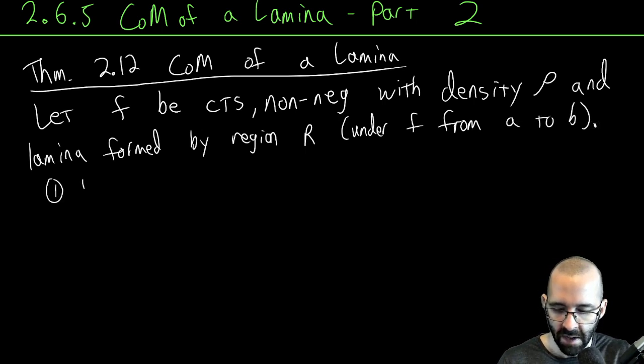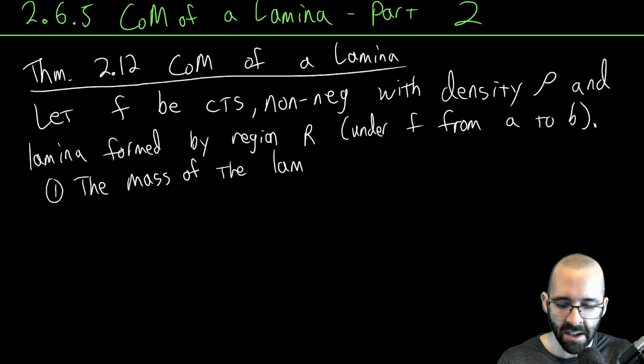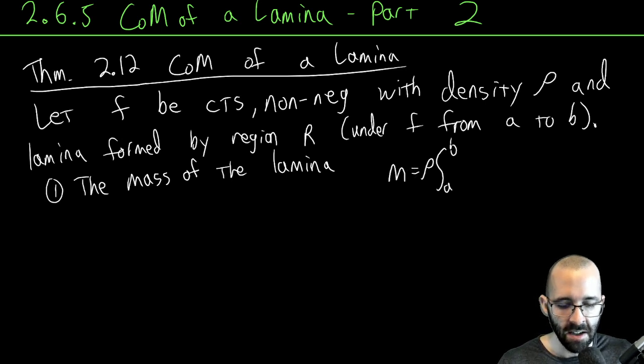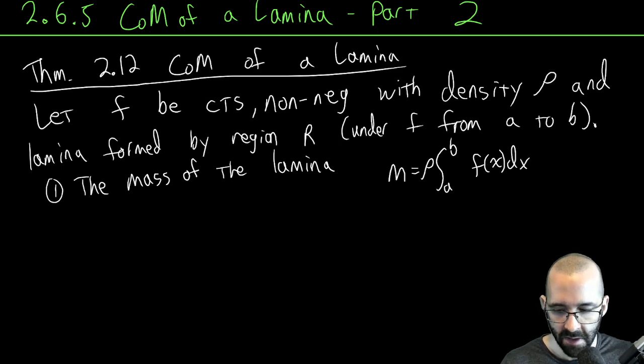Then, the mass of the lamina, we already found it. This is just restating what we did in the last video and having it a little neater. The mass of the lamina is just rho, the density, times the integral from a to b of this function. And again, this is just the area times rho. Right?